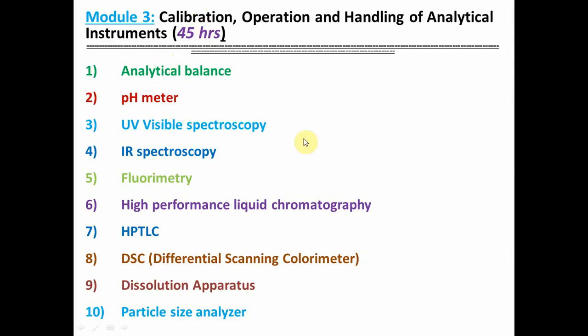We have to calibrate all these instruments. We will study how to calibrate the analytical balance, pH meter, UV, IR, and how to operate and how to handle all these sophisticated instruments. 45 hours are allocated only for calibration, operation, and handling.